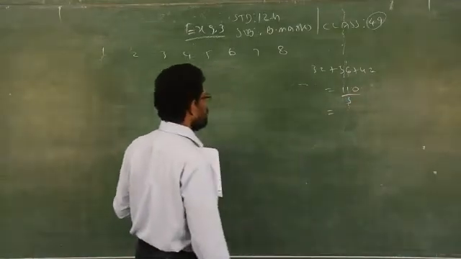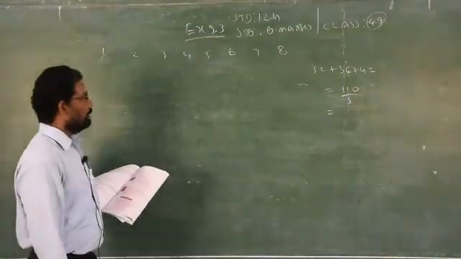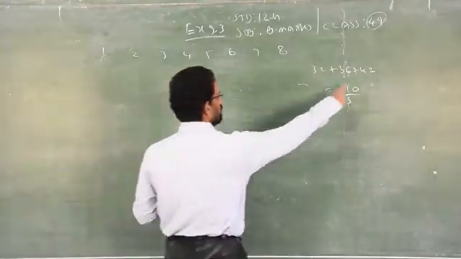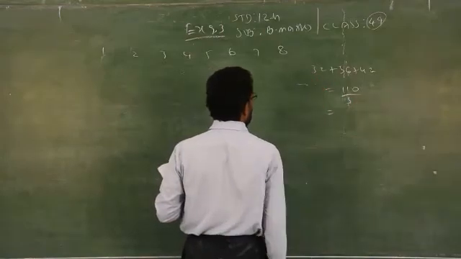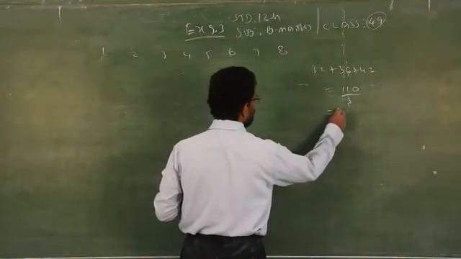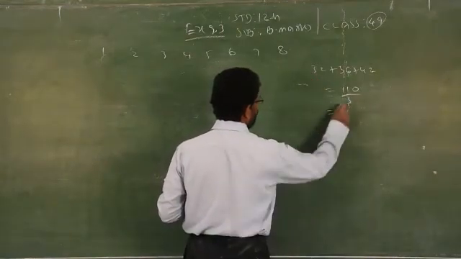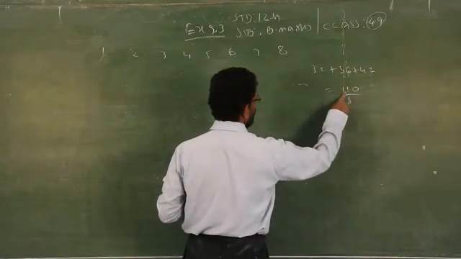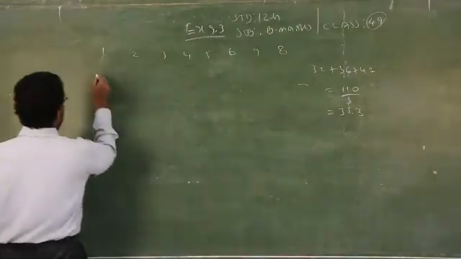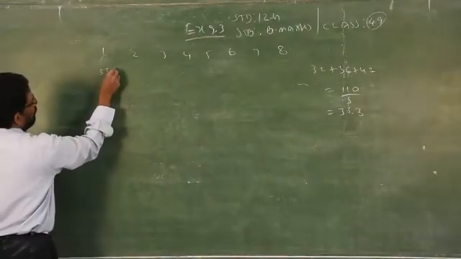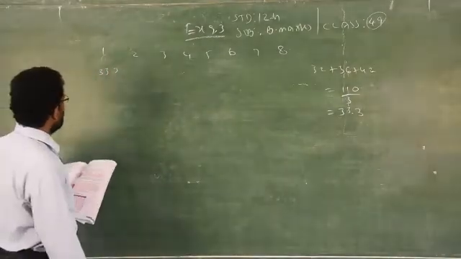You will get 110. Then 110 by 3: 3 3s are 9, again 3 3s, and it will go on. So the mean is 36.67.